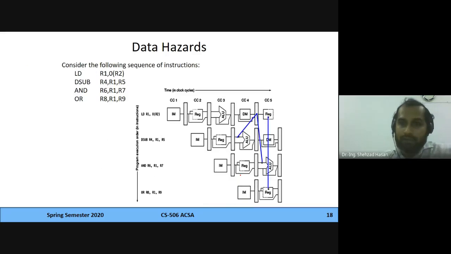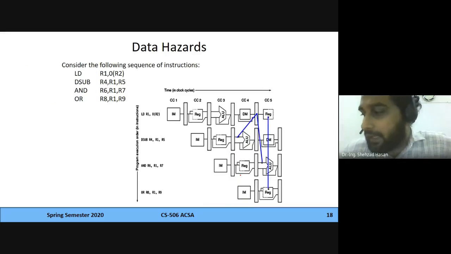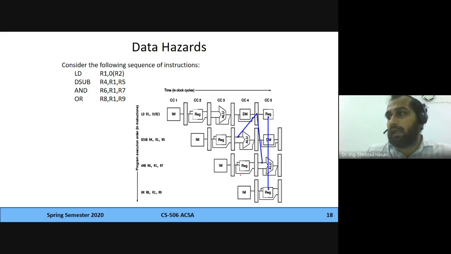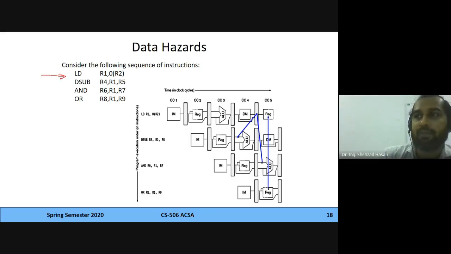Now let's move on to our last example of data hazard. This is another sequence where we have a load producing a result rather than an arithmetic instruction. So the only difference from our first example is that instead of an add instruction, there is a load instruction producing a result.